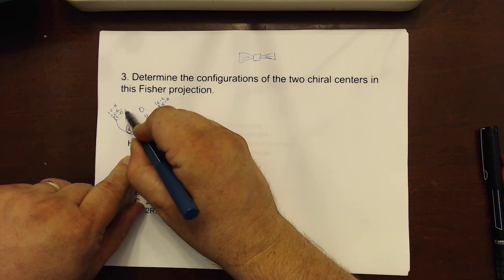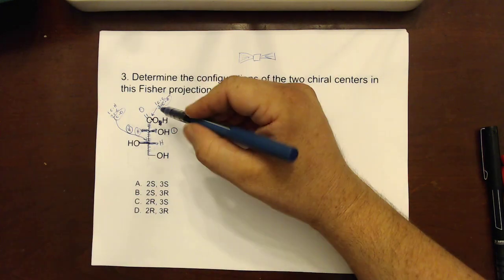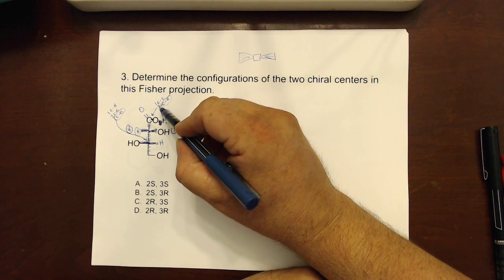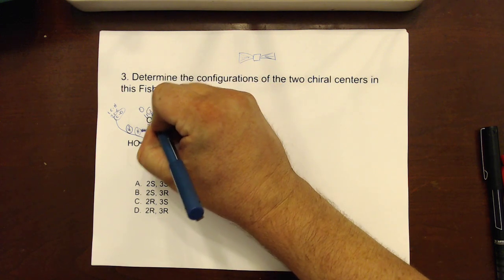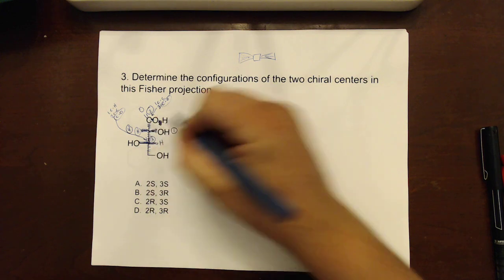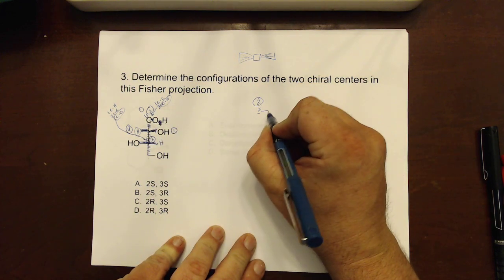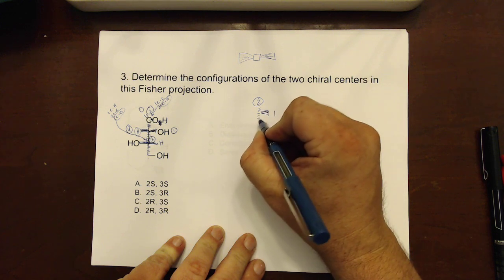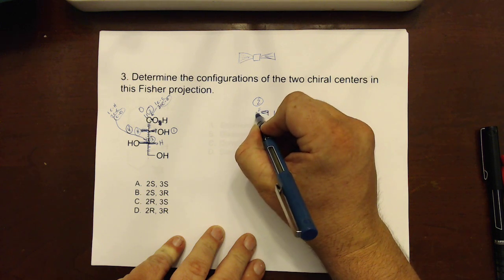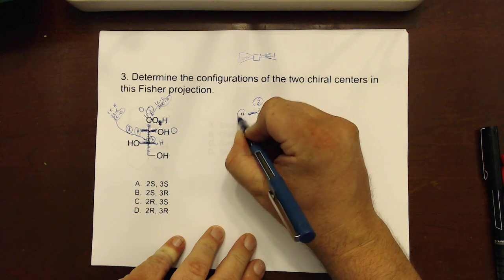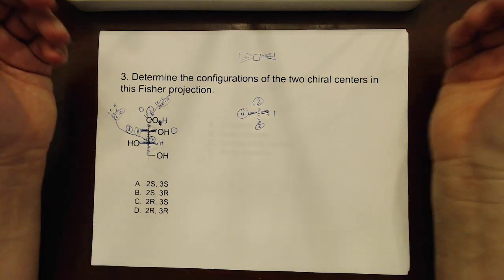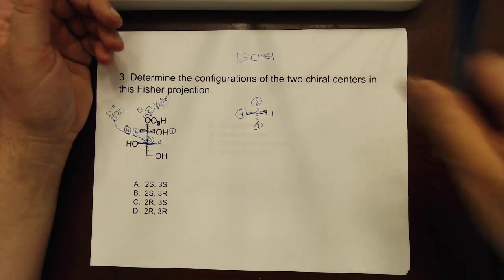So the heaviest bond in both of them is carbon-oxygen, but this one has three of them. So this is going to be the higher priority, so 3 like this. So it looks like 2, 1, 3, 4.